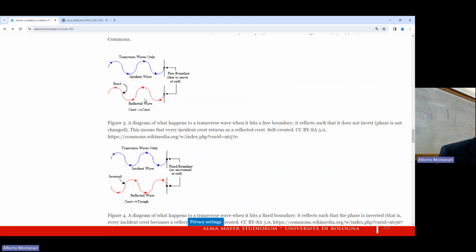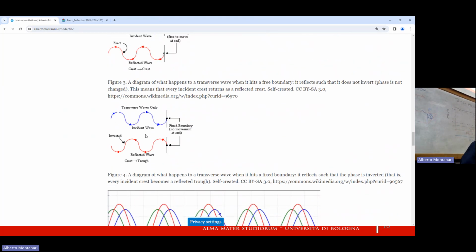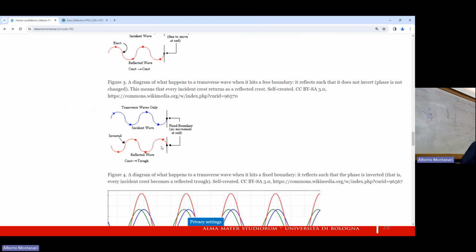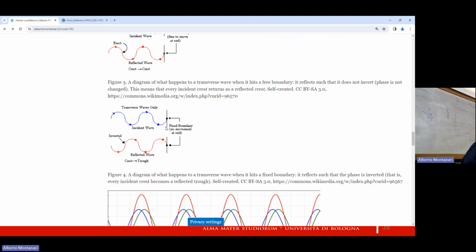So now we can look at this figure. This figure is a free boundary, free to move at the end. It's our case. So we have crest to crest. And this is indeed the fixed boundary. And you see that there is opposition of phase.